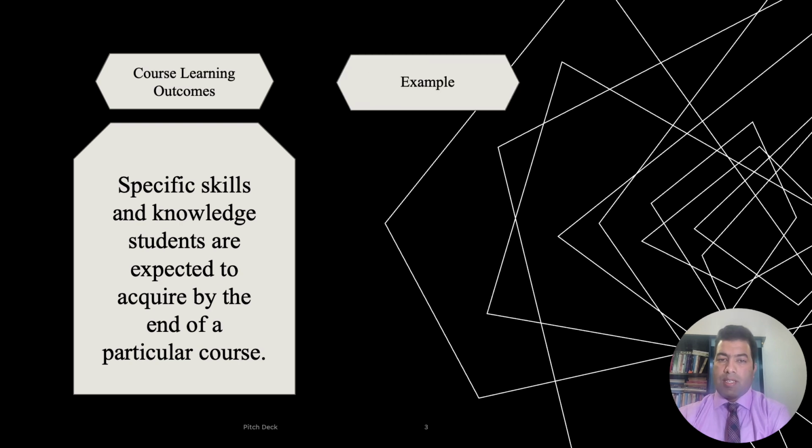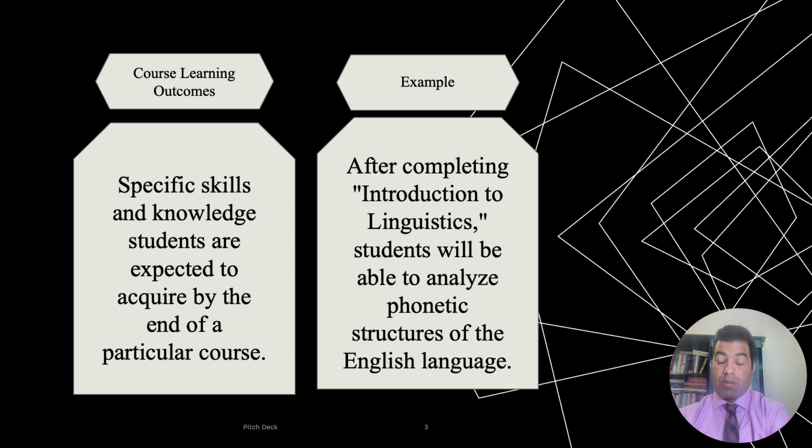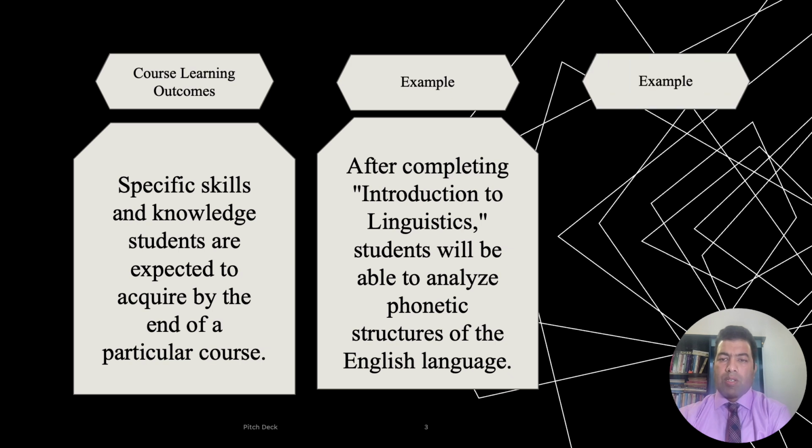If we discuss the example from Introduction to Linguistics, after completing this course, the student will be able to analyze the phonetic structure of the English language. So for a BS level course, Introduction to Linguistics, when students are completing the course, they must have this level of knowledge, and they should achieve it.